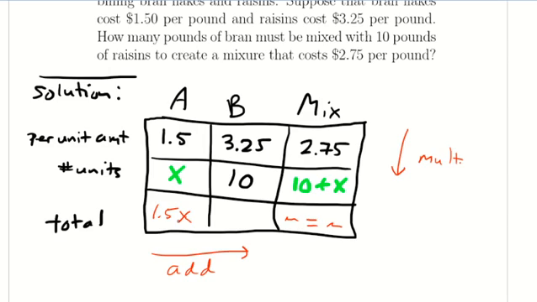You can use your calculator to find this, but it ends up being 4. So we would get 4 pounds of bran flakes with 10 pounds of raisins, and that will give us the right mixture.